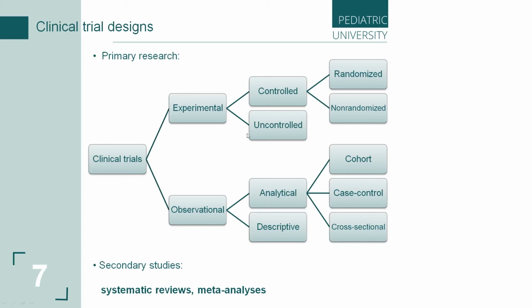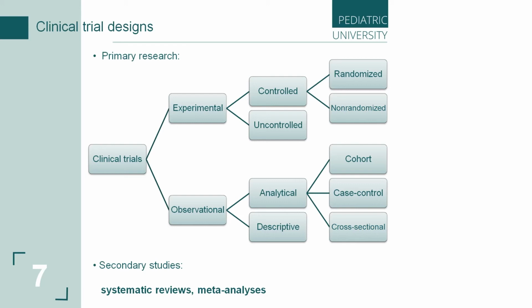What about experimental clinical studies? These are studies in which there is some kind of intervention. For example, it could be some kind of treatment or some kind of procedure and operation. And here we can have two options. Experimental studies may be controlled or uncontrolled. Most of the time, we need to do controlled trials, which means we need a control group.